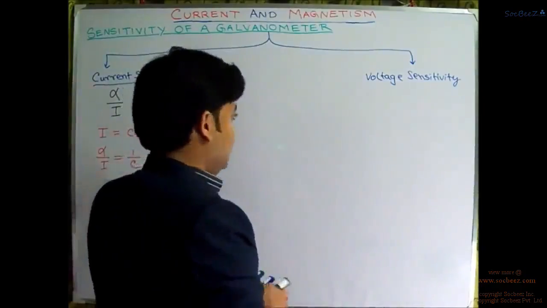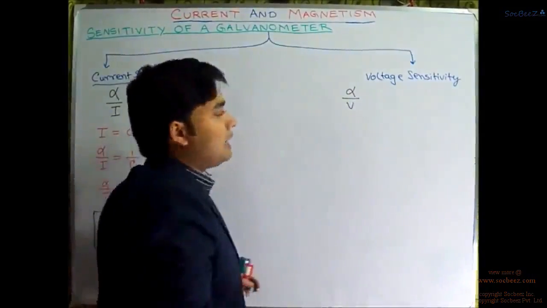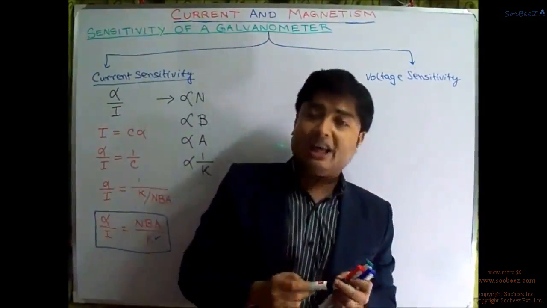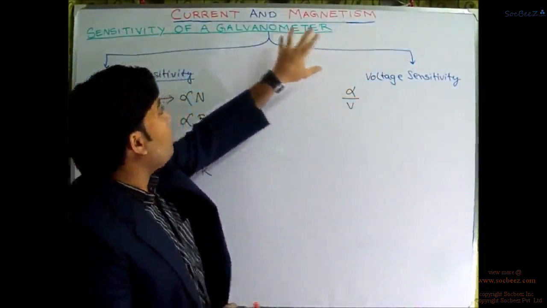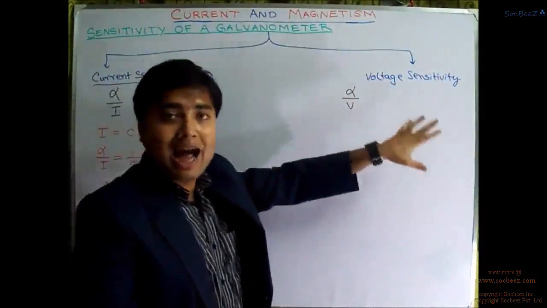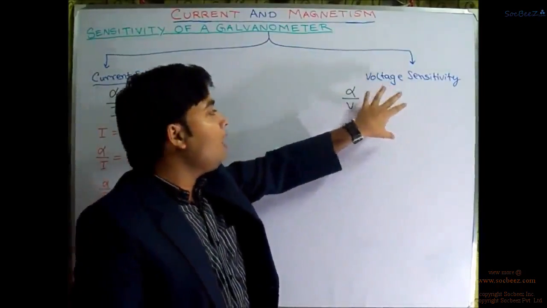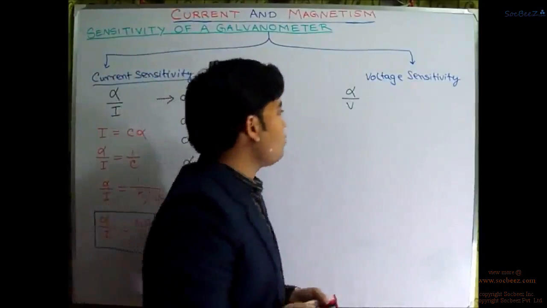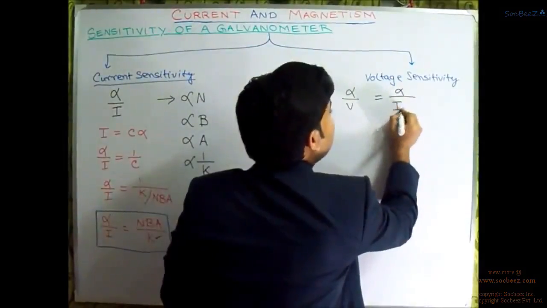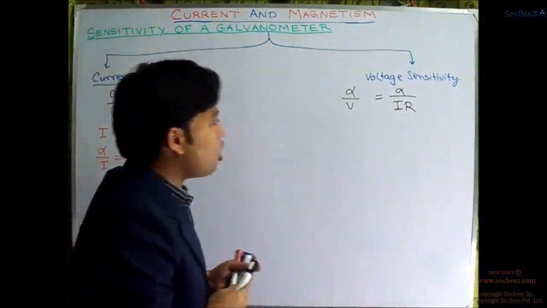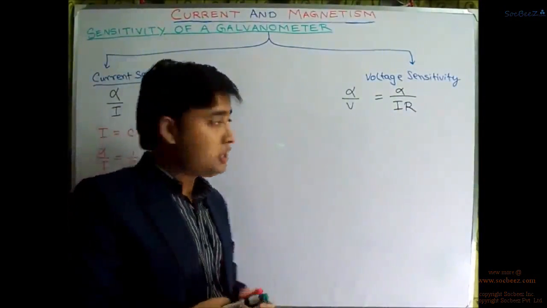The voltage sensitivity is defined as alpha divided by V. The voltage sensitivity of this galvanometer is defined as the meter reading change per unit voltage, and this will simply be equal to alpha divided by IR, as we know from Ohm's law that voltage is equal to IR, right?